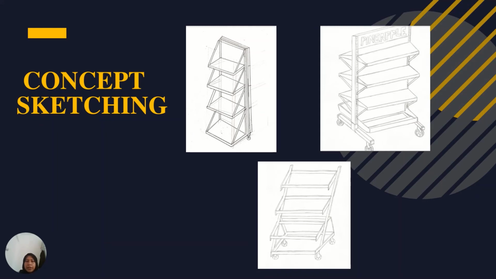The second sketch has a tire, adjustable racks on both sides, and is more stable than the first one. The third one is a very unique one. It has tires and it has only one side of the sketch.